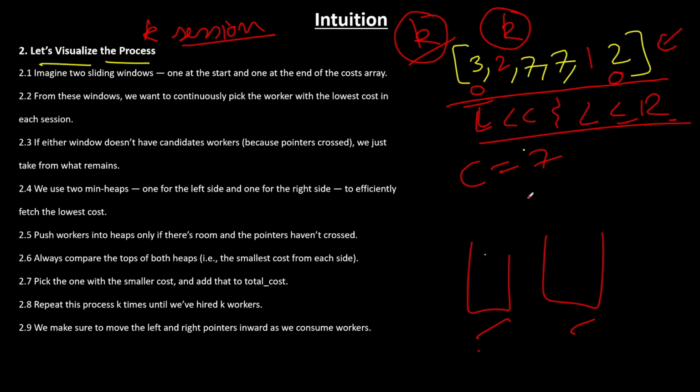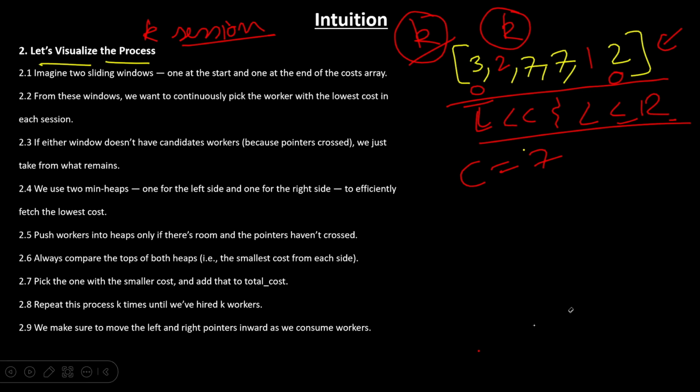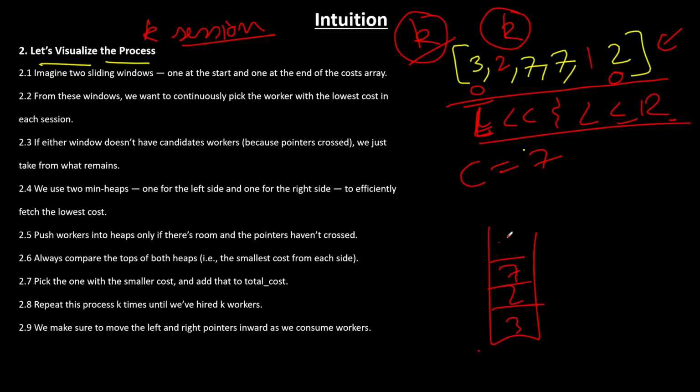For example, how it will go is that since L is less than C, in this scenario, and L is also less than R, we'll push all the values here, whatever the values are, let's say 3, 2, 7, 7, 1, and 2.